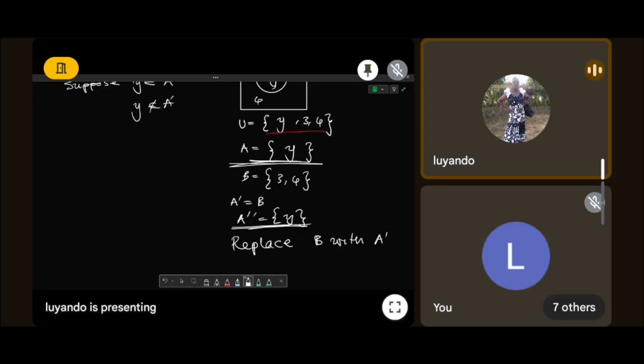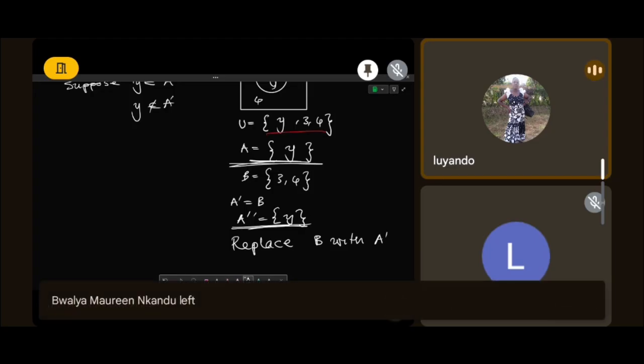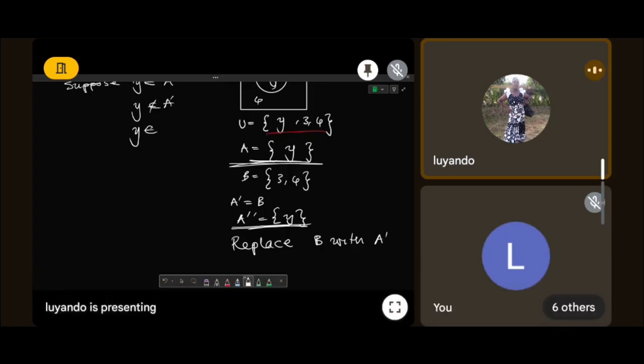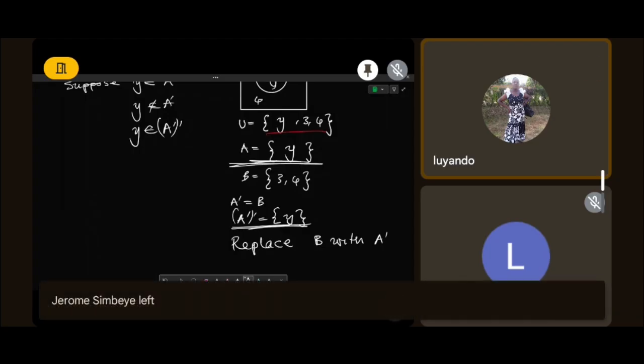Okay, so if we see that, then we can safely say that if y is not in A complement, then y is in the complement of A complement, which is the same as if I put brackets, but it's still the same thing.